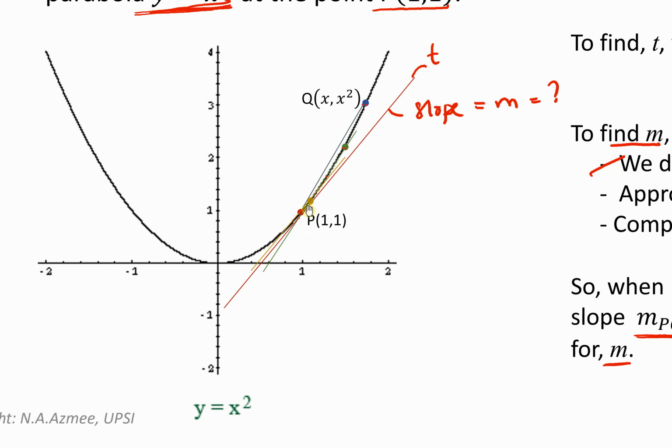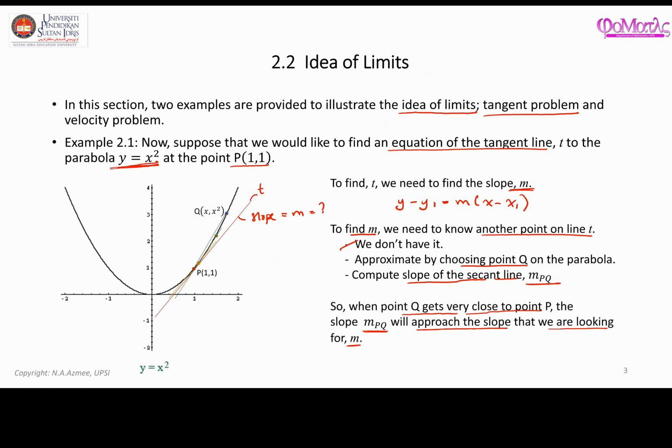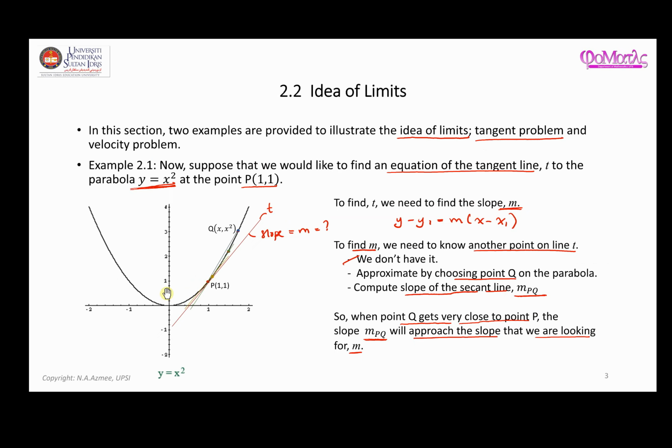By connecting the red point with this brown point, the slope is now similar to what you're looking for. That's the meaning of this whole sentence: when the point Q gets very close to point P, the slope m_PQ will approach the slope that you are looking for.